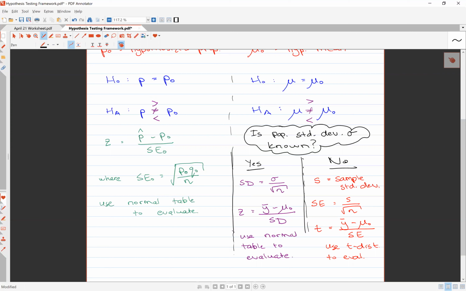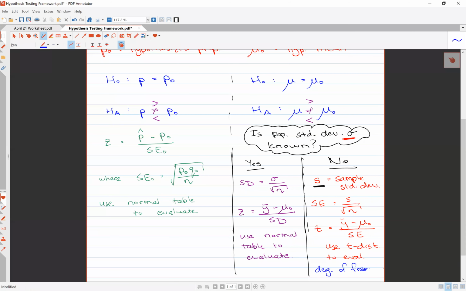So the easy distinction is between proportion or mean test. But if you're doing a mean test, you have to pay very, very close attention. Whether sigma is known or whether you have to use S, that is very key in how it plays out. And if you're using a t-distribution, you also need to calculate degrees of freedom.